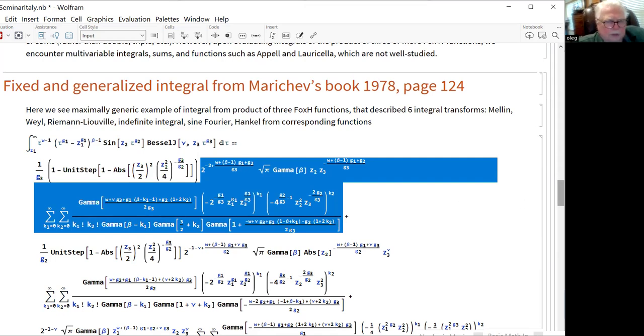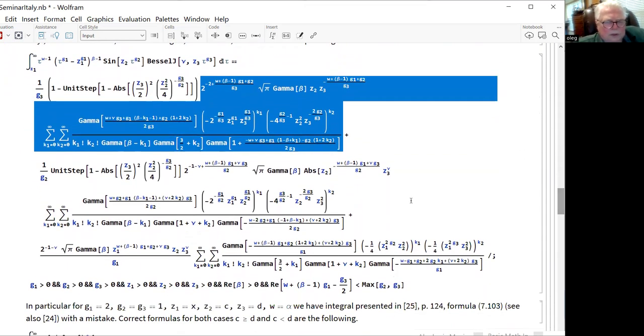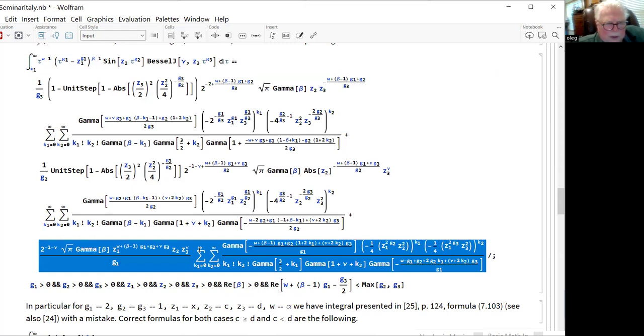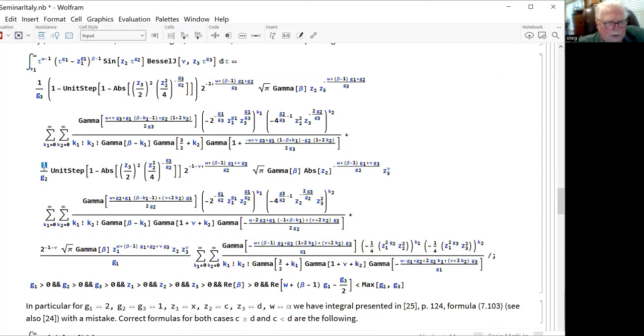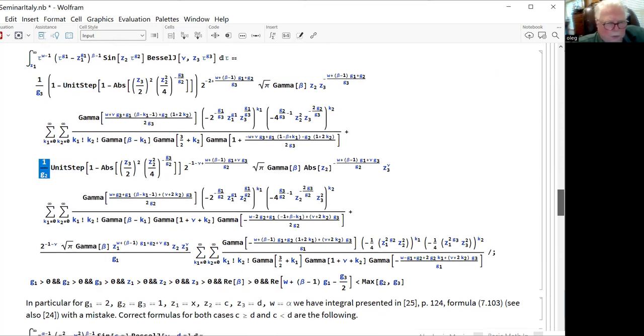So basically we have three double sums, and from these three double sums one always exists in the result, but the others can appear or not appear, because the unit step can be 0 or 1, and automatically the regulation is provided by this one.